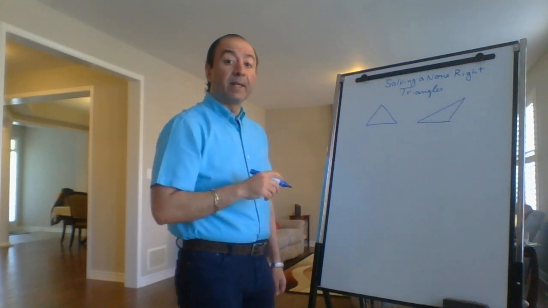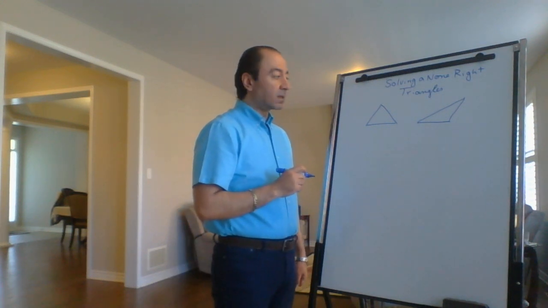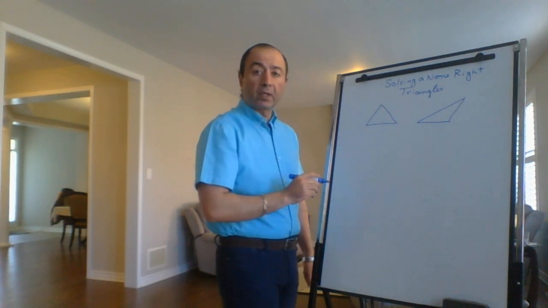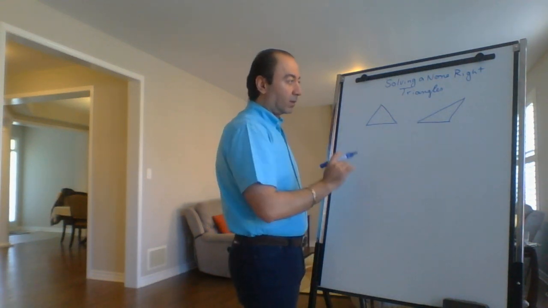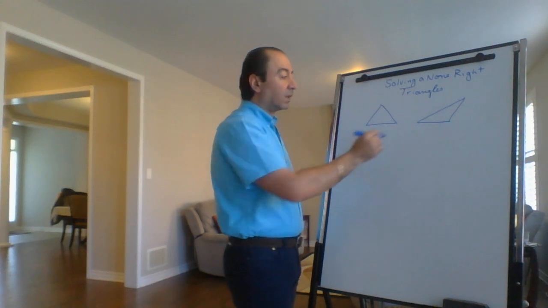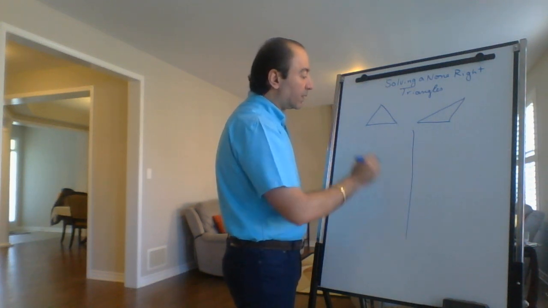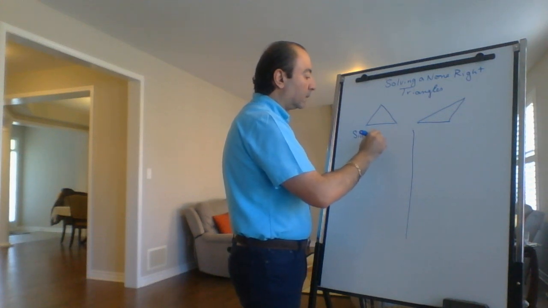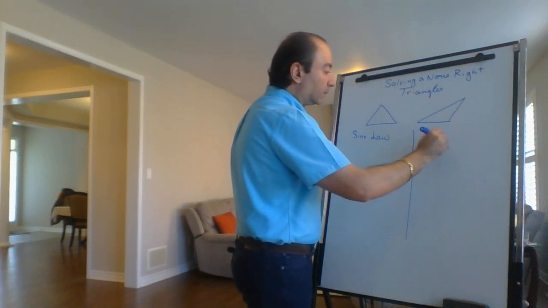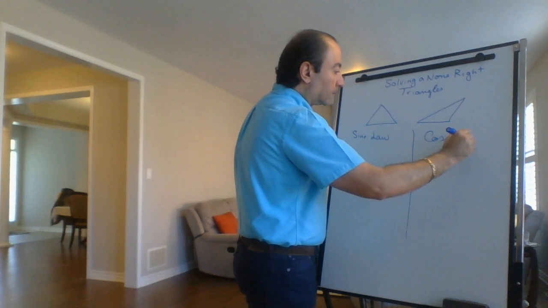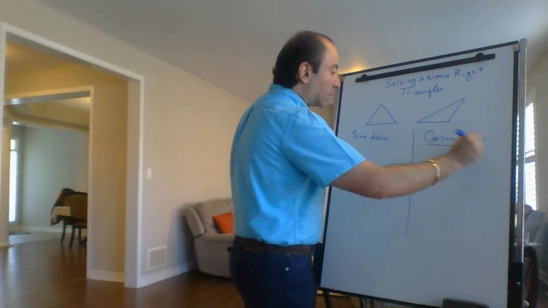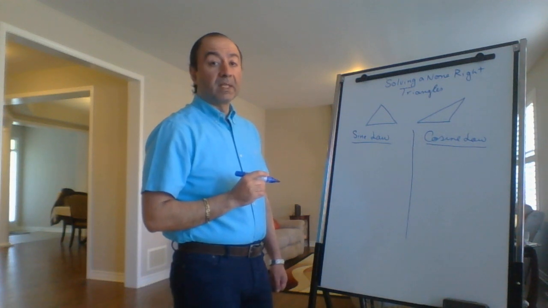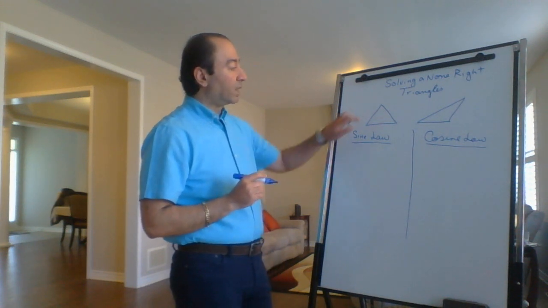How can we find the missing sides and angles? Actually, we are not going to use SOHCAHTOA anymore. SOHCAHTOA is only for a right triangle. We're going to use either sine law or cosine law. So those are the laws that we're going to use when we want to solve a triangle that's not right.